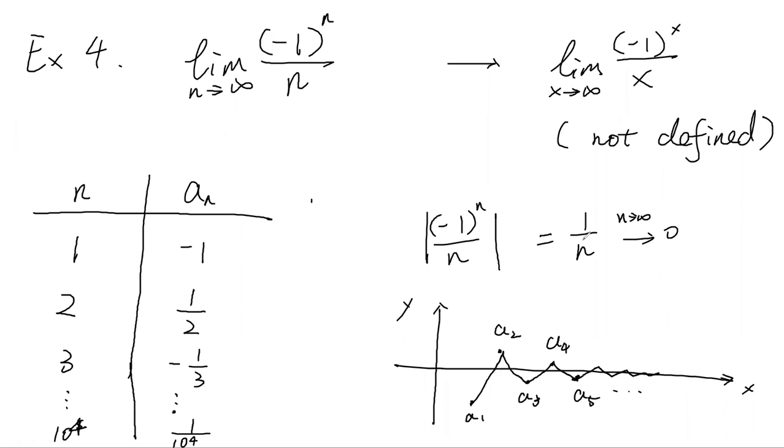So from all these intuitions here, we can conclude that the limit as n goes to infinity of (-1)^n divided by n should be equal to 0. And it's actually equal to 0.